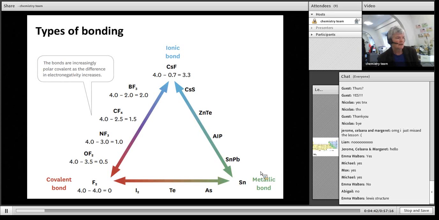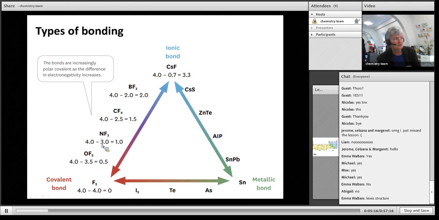So you have electrons being equally shared in a pure covalent bond, so F2, O2, Cl2 would be down here. But as they bond to other atoms, here I've got F2 now bonded to O, which is a little bit less electronegative, there's an unequal sharing. If the F bonds with nitrogen, there's an even more uneven sharing of those bonding electrons.